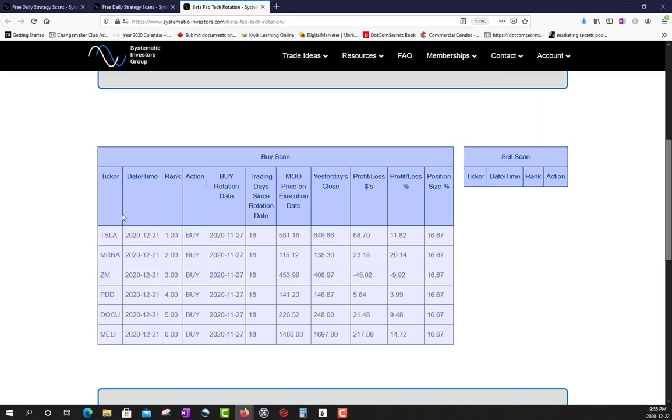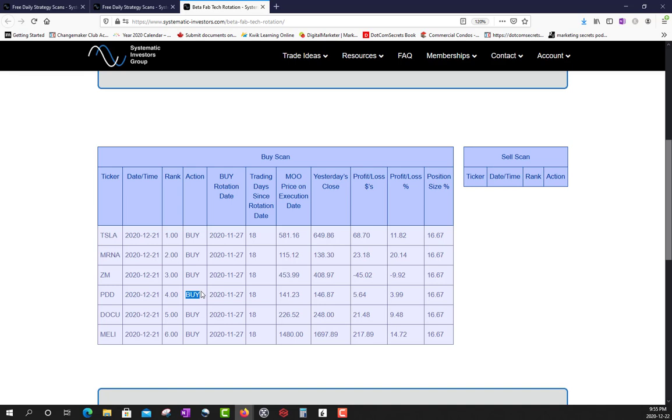You can bookmark this page and check it quickly every day to see if any of the signals are showing pound sign exit, which means that you should essentially exit those positions that are indicated by pound sign exit.